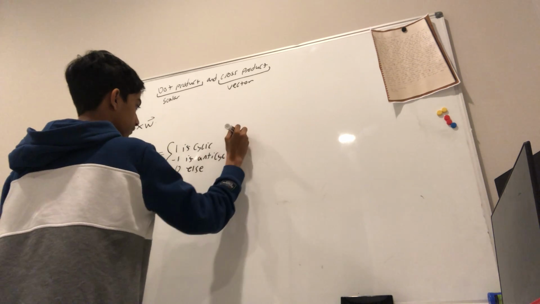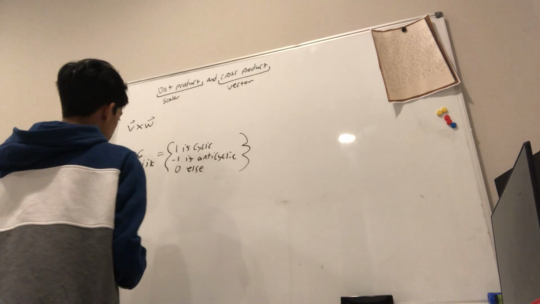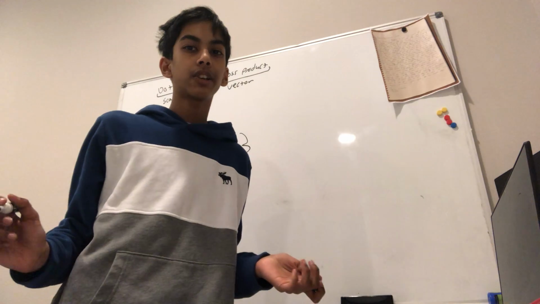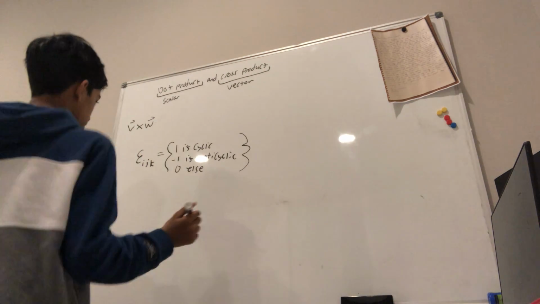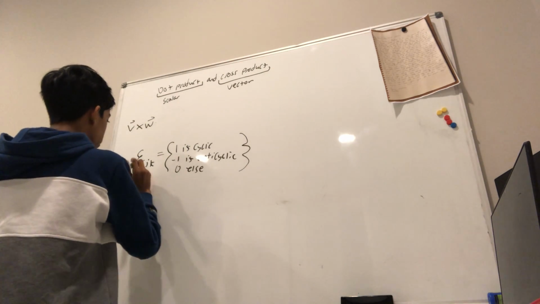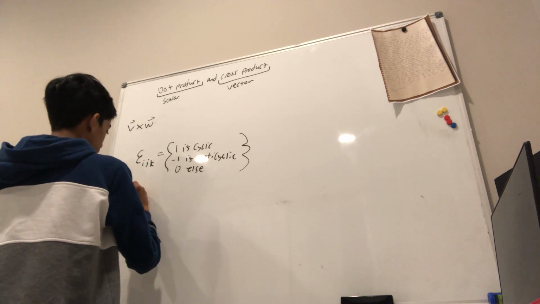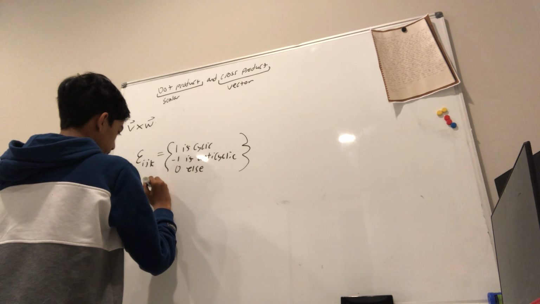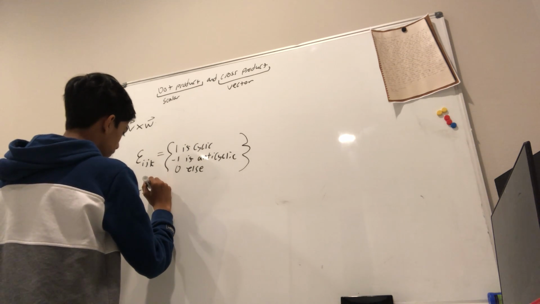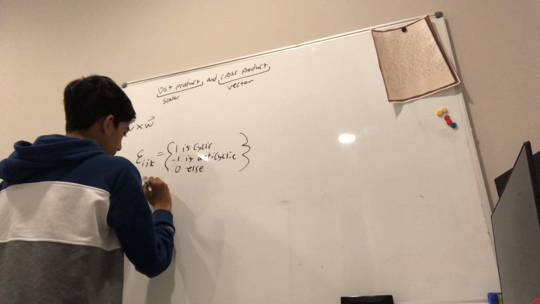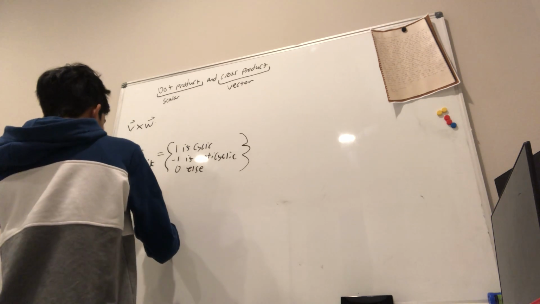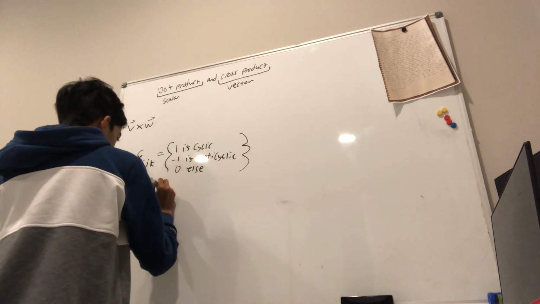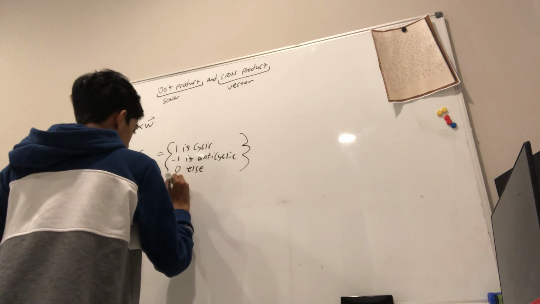So what exactly do we mean by cyclic or anti-cyclic? Cyclic would just mean that if we take the order of i, j, and k, it would be 1, 2, 3, 2, 3, 1, and 3, 1, 2.